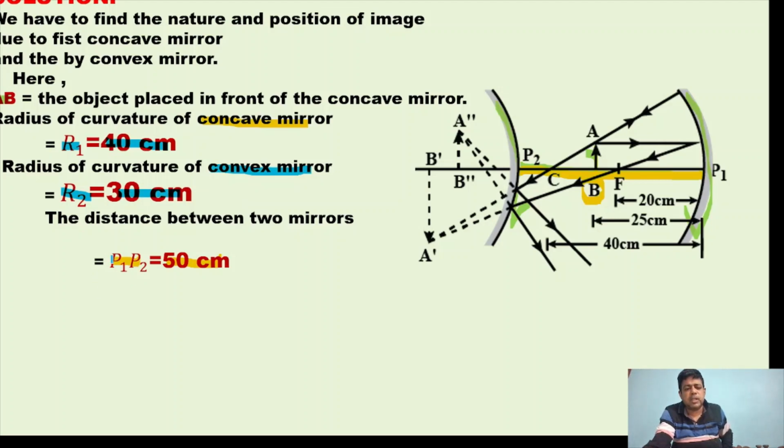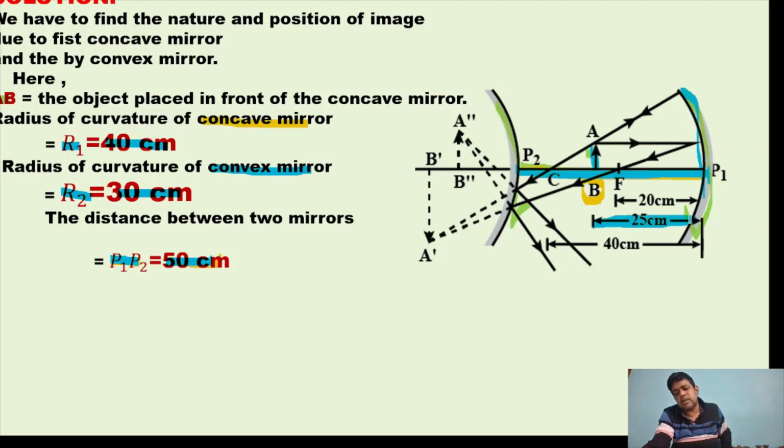The distance between the two mirrors, P1P2, is 50 centimeters. Since the object is placed midway, the object is situated at a distance of 25 centimeters in front of the concave mirror.